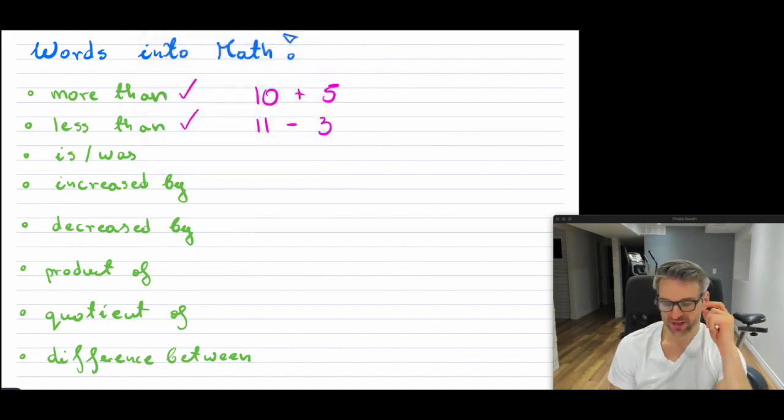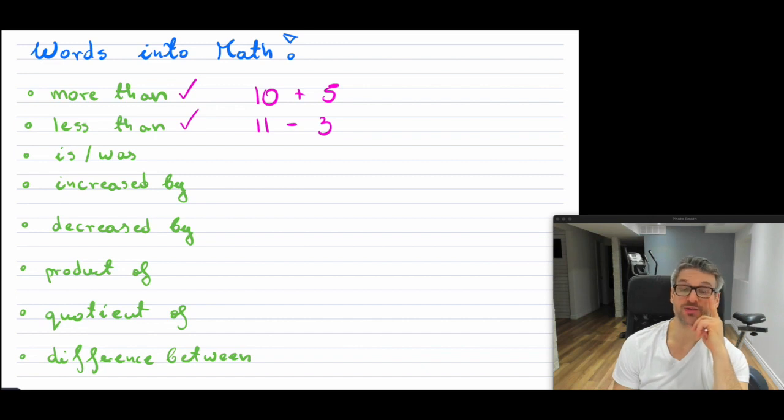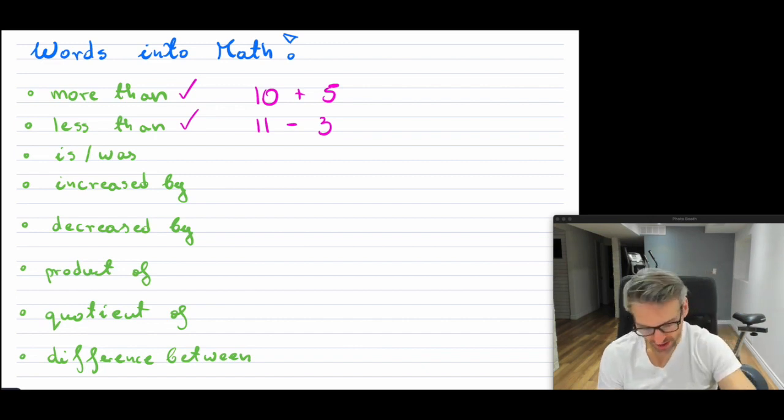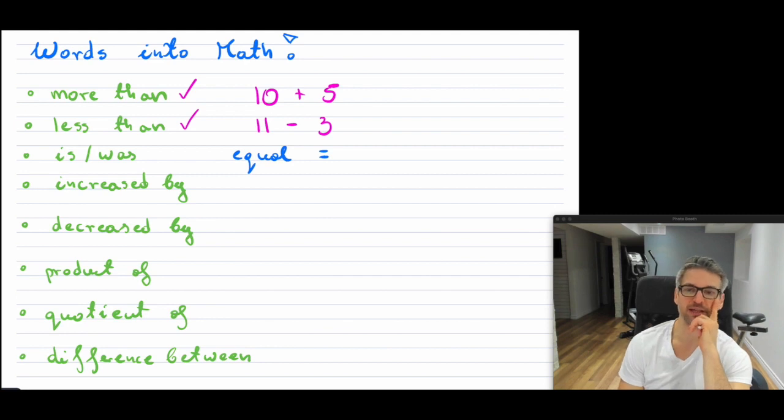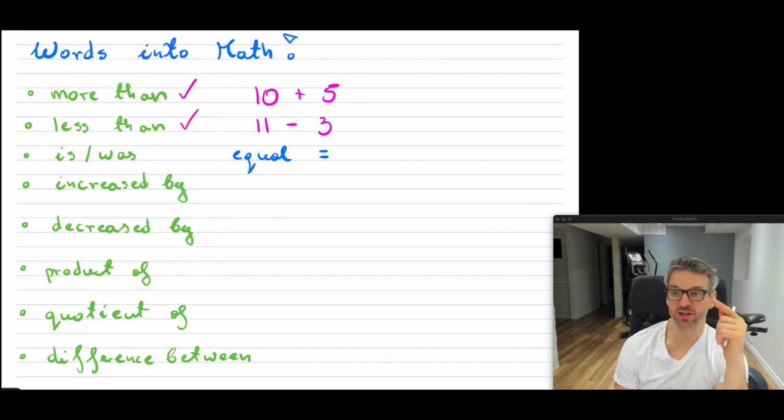The other words are "is," "was," or "will be." This is always equal, so that's what this basically means. When you see these words, is, was, will be, that's equal in math. Now, "increased by" is a little bit different than, for example, more than or less than.